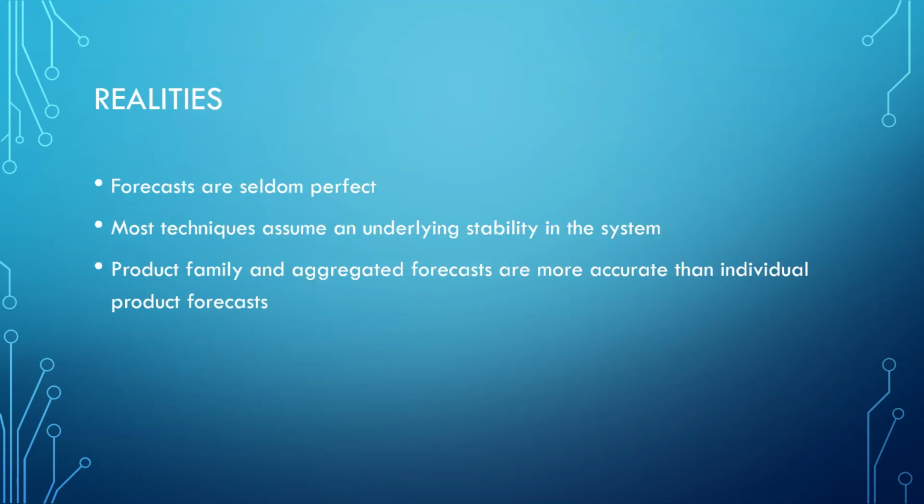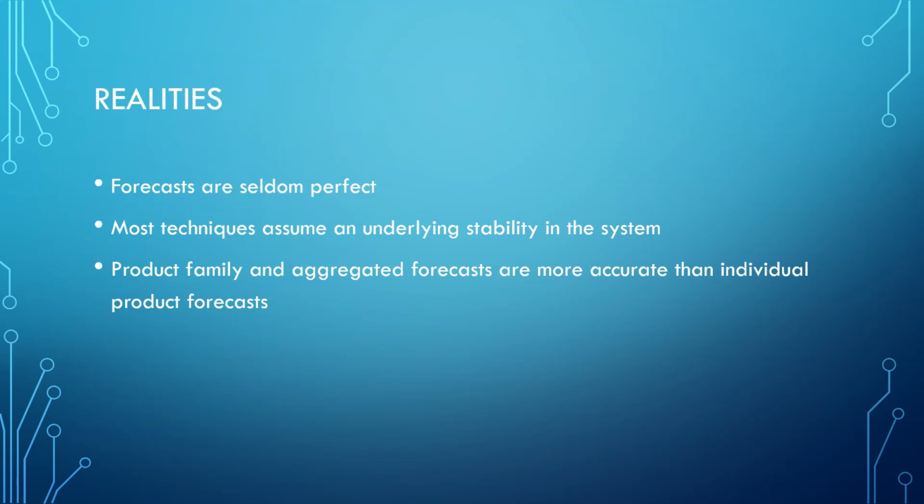Forecasts are rarely perfect because we have outside factors that might affect the prediction or the forecast, and those factors cannot be predicted or maybe even unknown. So they might impact the outcome of that forecast.